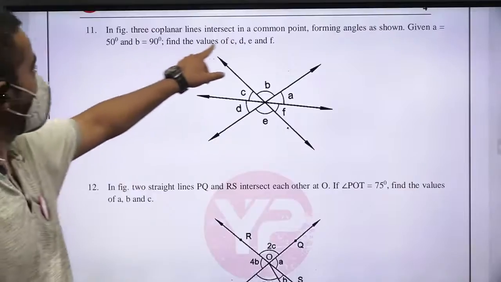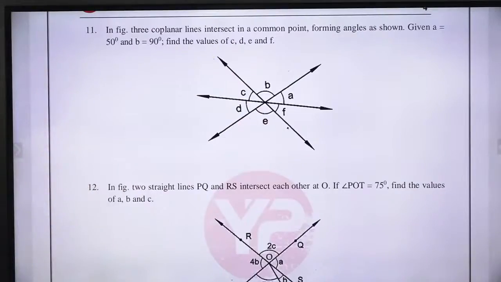Given A is 50, B is 90, find the values of C, D, E, and F.